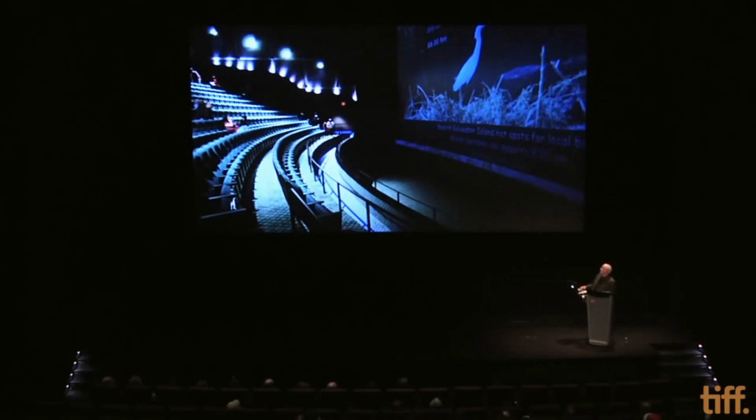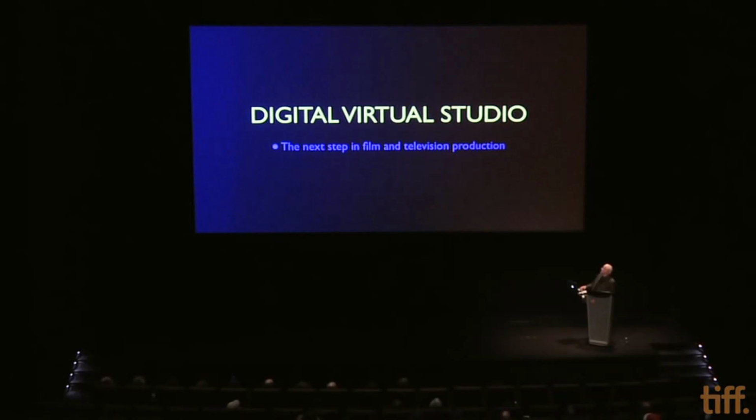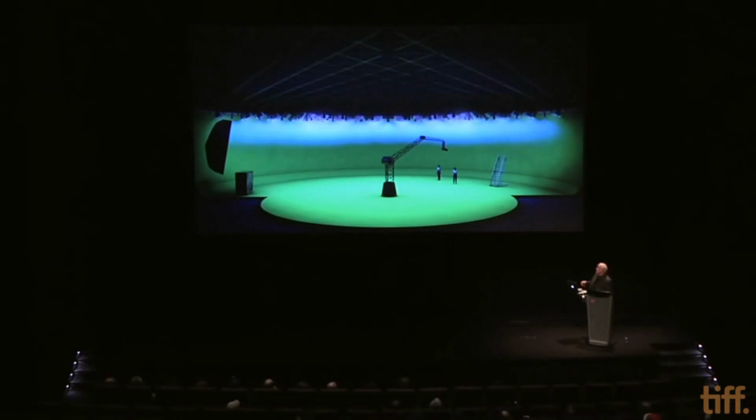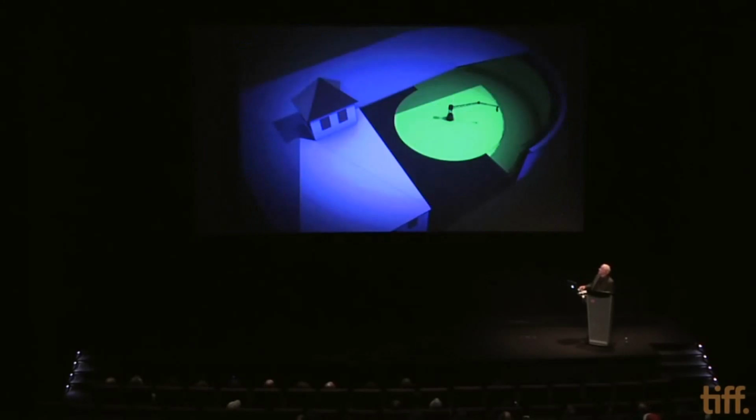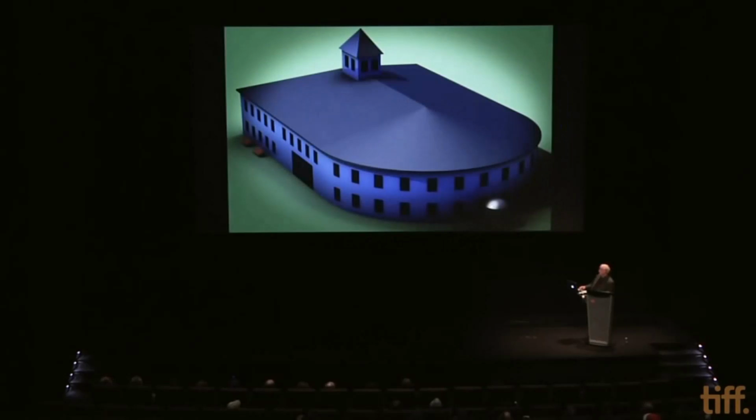And so we've been studying IMAX theaters, geometry, screens, projection. And this whole digital virtual studio I'm working on, which I want to do with my next film, is to build a stage that's designed with the zero gravity boom. And everything is designed around that technology to automate the lighting grid so that we can do rehearsals on this and pre-light scenes and come back into our stage and reshoot.